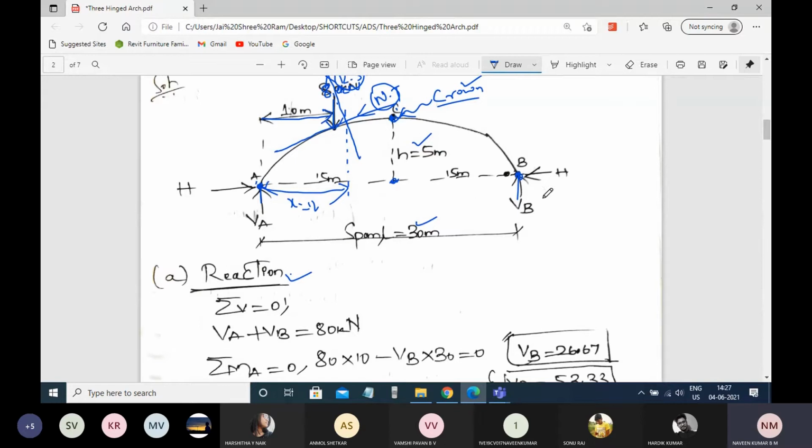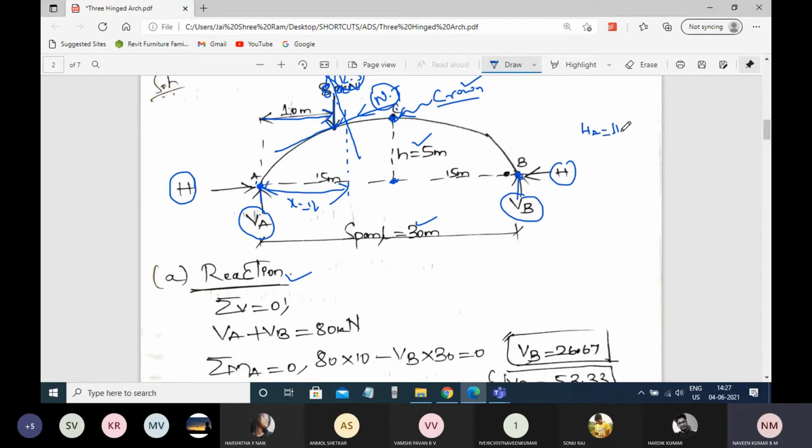At support A and support B, you can expect reactions. The vertical reactions are considered as VA and VB, and the horizontal reactions as HA as well as HB.